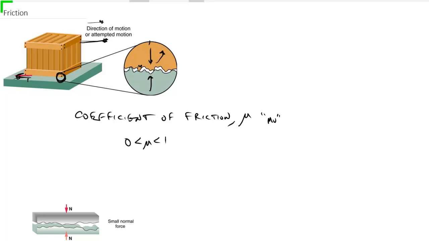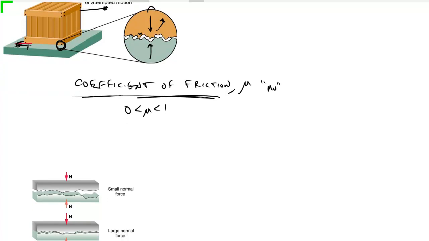And this is the normal force between the two surfaces. So it's not only related to the roughness, which is described by the coefficient of friction, but it's also related to the normal force. And I apologize, this should be a lowercase n here, the normal force. So these are the two things to which our frictional force is related.